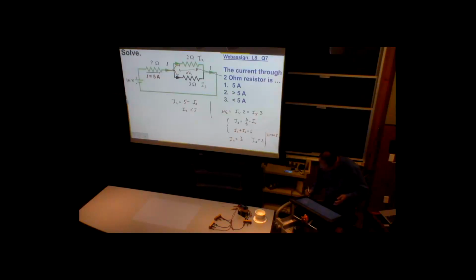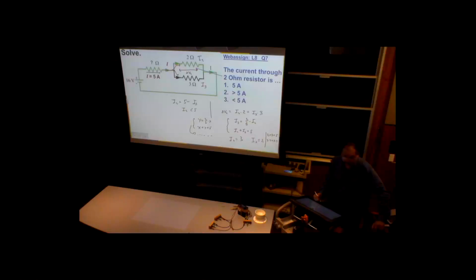Yes, it is. 3 times 2, is it 2 times 3? Yes, it is. What else could we do? y equals 2 over 3 times x, and x plus y equals 5. How do we call it? A system. How do we solve it? I don't know, but you do.